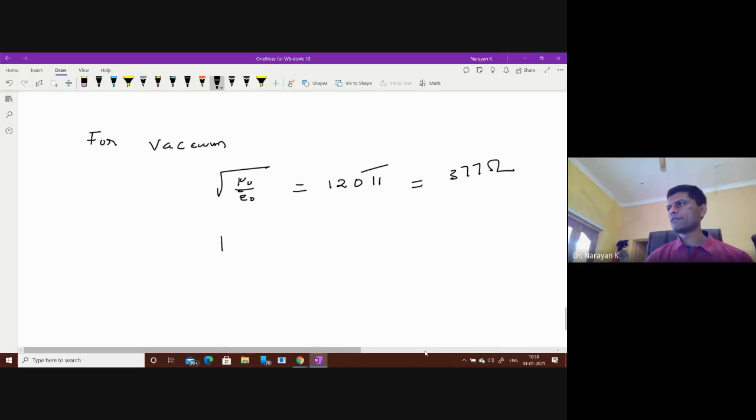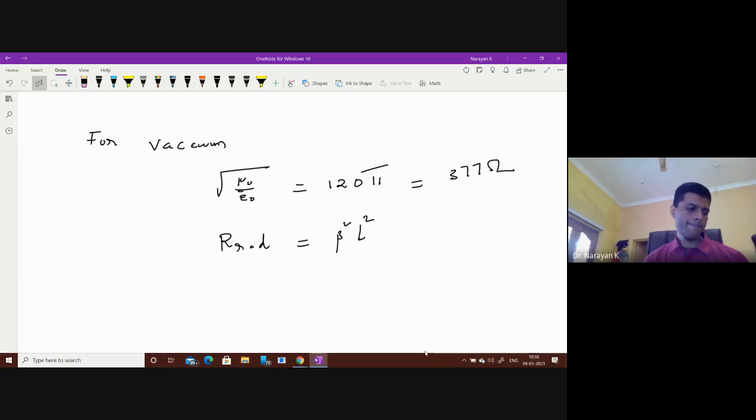and your radiation resistance will be what? Beta square L square divided by 6 pi into 120 pi. It will be easier for you to solve. So pi will get cancelled.